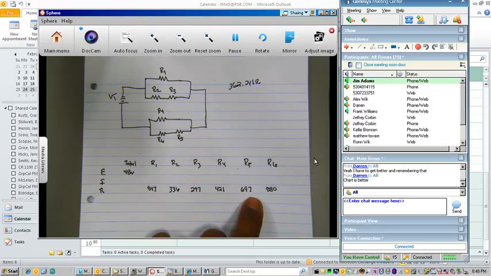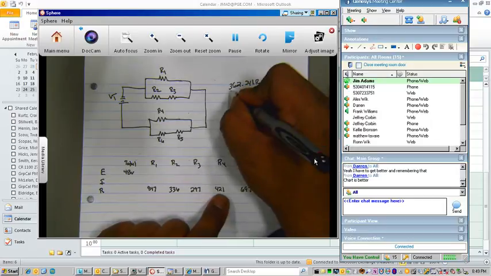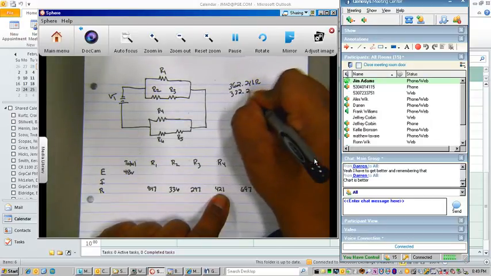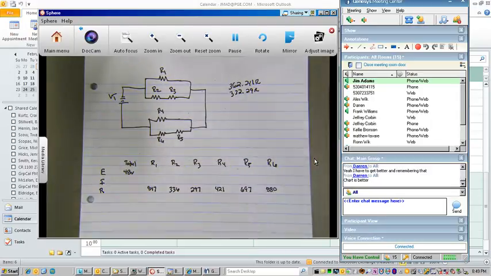We know R1 is 847, R2 is 336, R3 is 297, R4 is 421, R5 is 697, and R6 is 880.